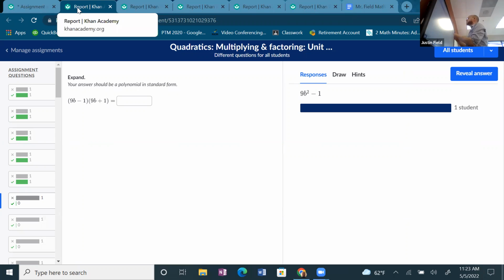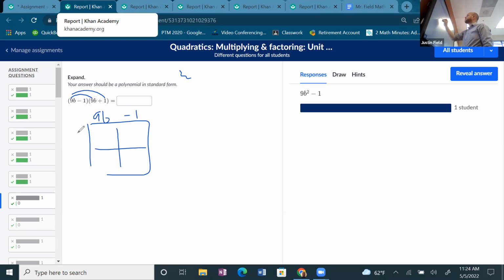Okay, so let's see. We're starting out with a little quadratic review because we got the MCAP next week. So let's draw our area model. We're doing area. Gonna put 9b minus 1, 9b plus 1. We're gonna multiply.